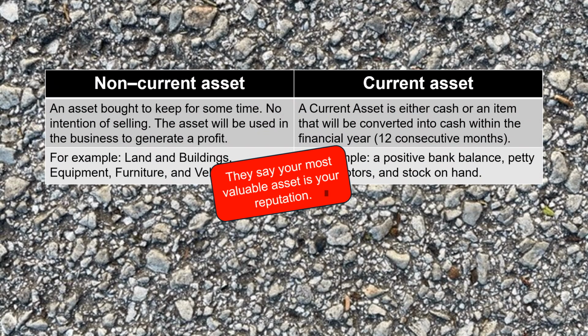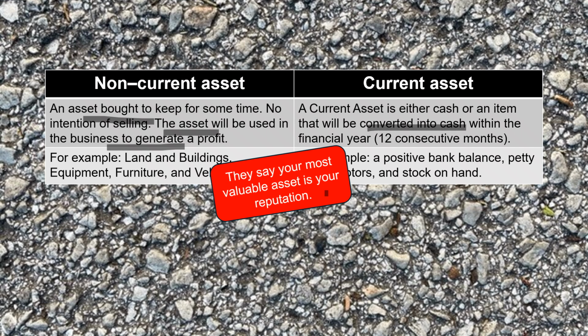Right, just to reiterate, non-current assets are very important. Non-current assets are your PPE, your property, plant and equipment. That's what your non-current assets were called, PPE.